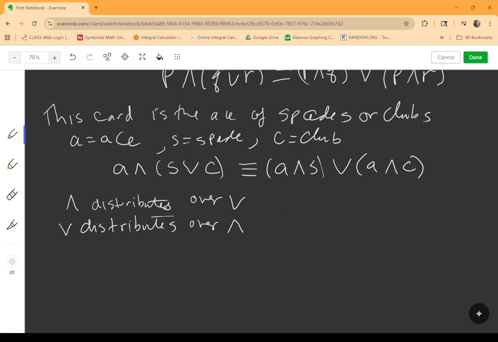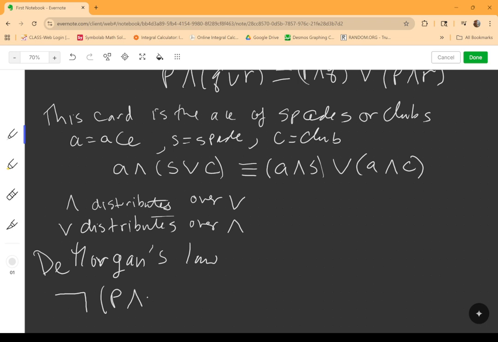Lastly, we have De Morgan's laws, which we talked about earlier in the semester. De Morgan's laws also follow this Boolean algebra. We talked about them in relevance to sets, but they have their equivalent in Boolean algebra.